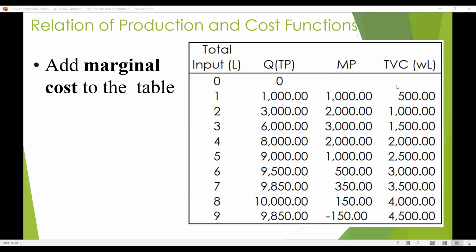And lastly, we have total variable cost, which is a function of labor. We have 500, 1,000, 1,500, 2,000, 2,500. Actually, it is computed by this one.